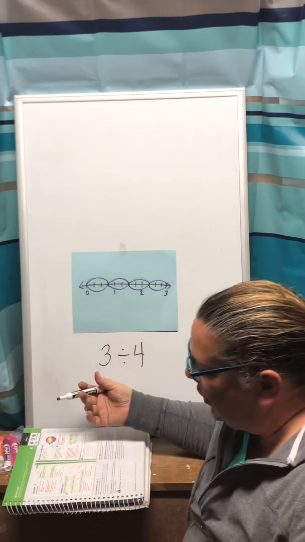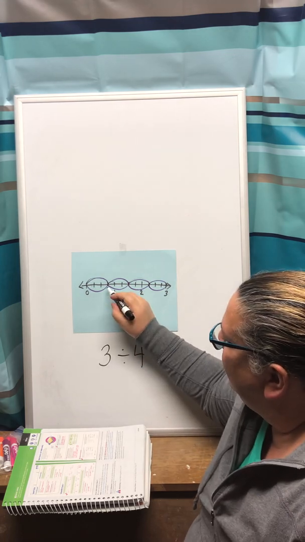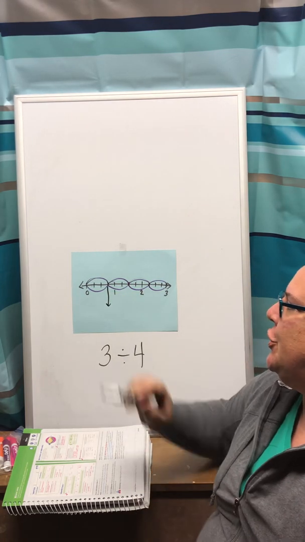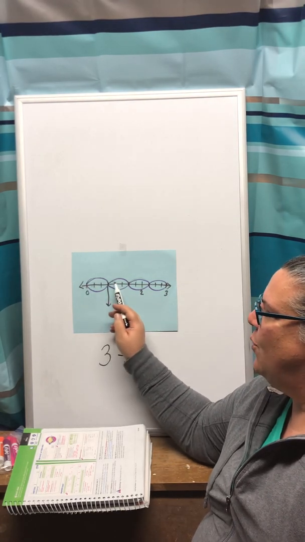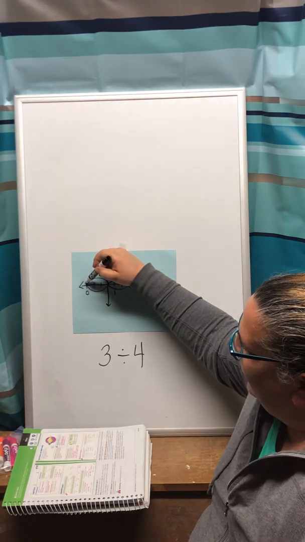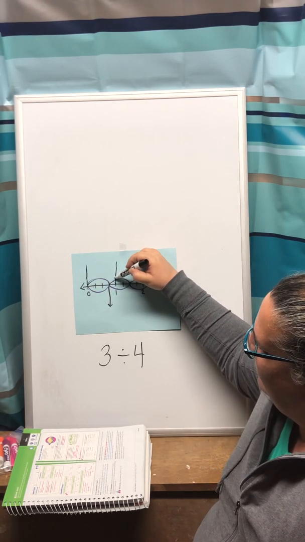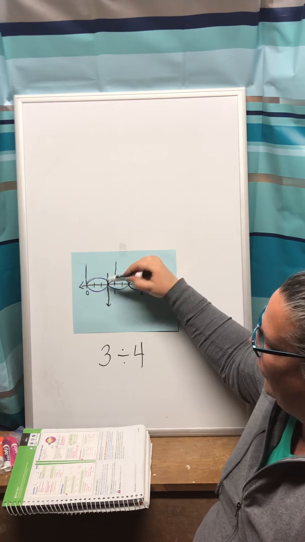And their question was, what fraction would go there? So I know I have my 1 here, so it's from 0 to 1. This is my 0. This is my 1, just so you can see it a little bit better. And my line that they're asking me about is right here.